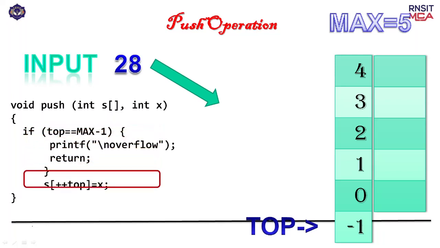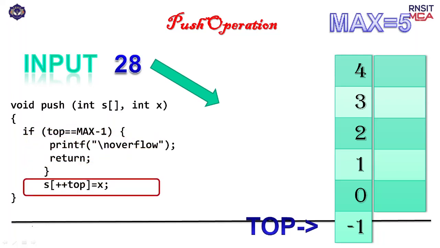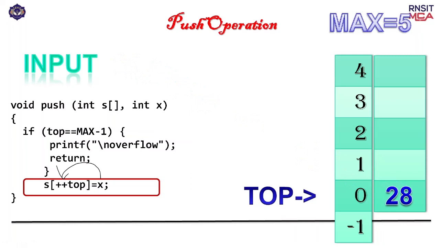So straight away, you increment the top. Then you store this X value into the stack. So yes, it is stored. First you incremented the top, then you stored that X value into the stack.